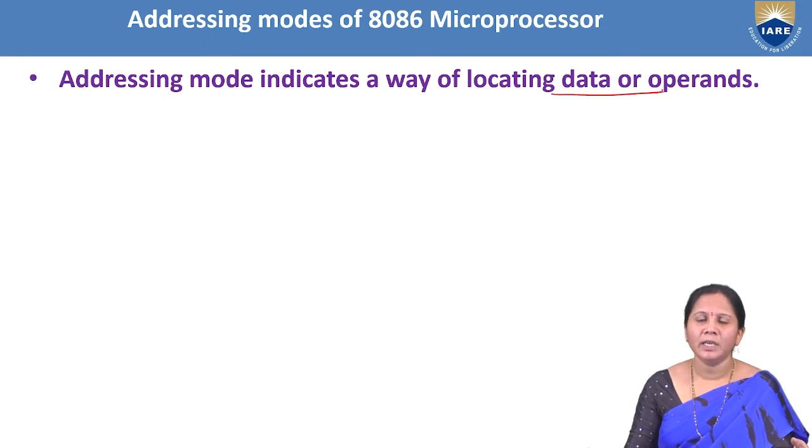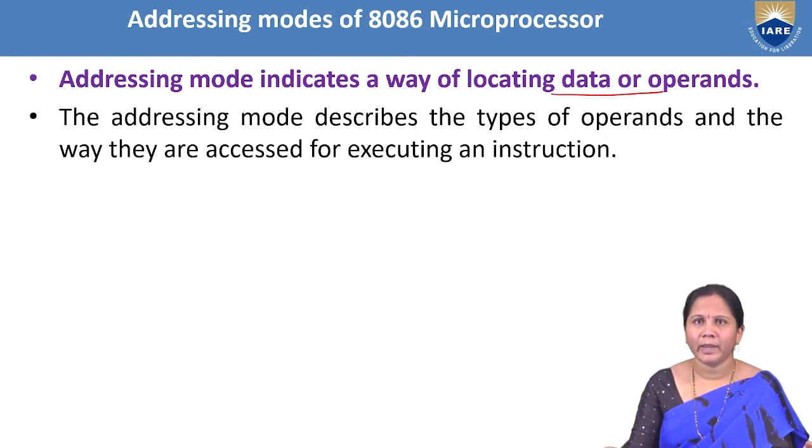It means in how many ways the operand can be accessed. The addressing modes describe the type of operands and the way they are accessed for executing an instruction. We can have many ways to access the operands, and it varies from addressing mode to addressing mode.